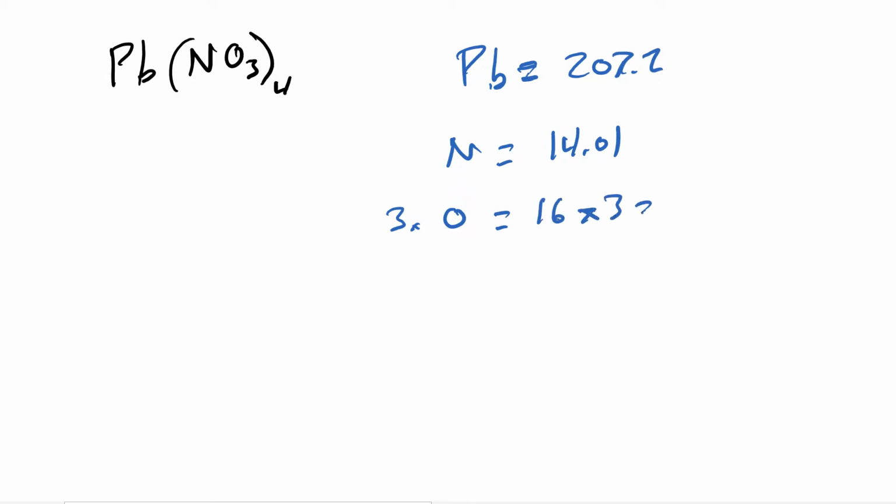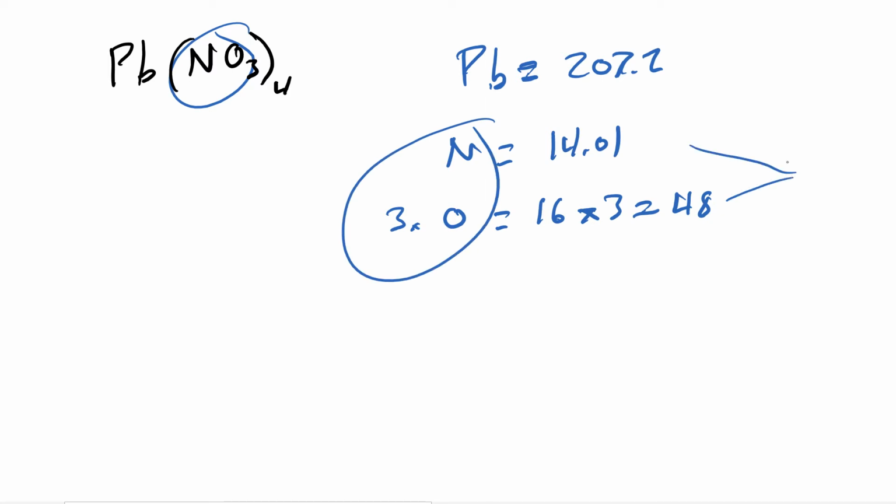And so that means that there are 48 grams of oxygen in 1 nitrate molecule. Okay, so right here, that nitrate, that is NO3. Just taking these two and adding them up gives 62.01.